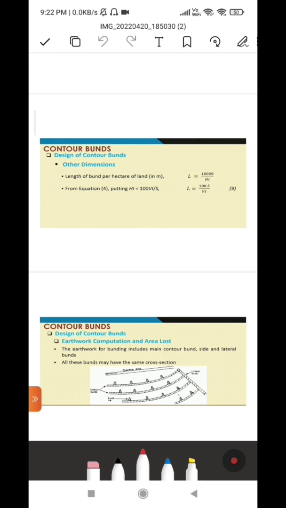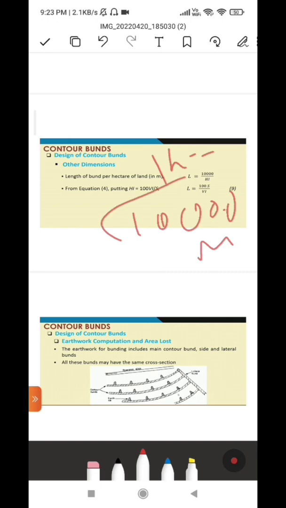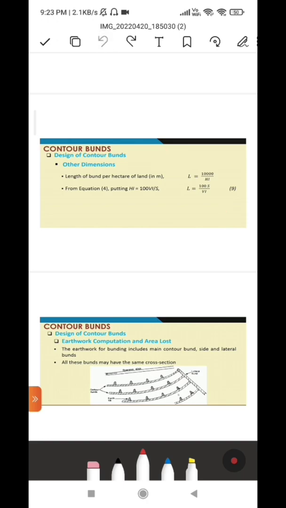So some other dimension could be the length of the bund per hectare of the land. The length of the bund per hectare of land would be 10,000 divided by horizontal interval. As we know that 1 hectare is equal to 10,000 square meters, we are dividing by the horizontal interval. So we will get the length of the bund per hectare of the land in meters.